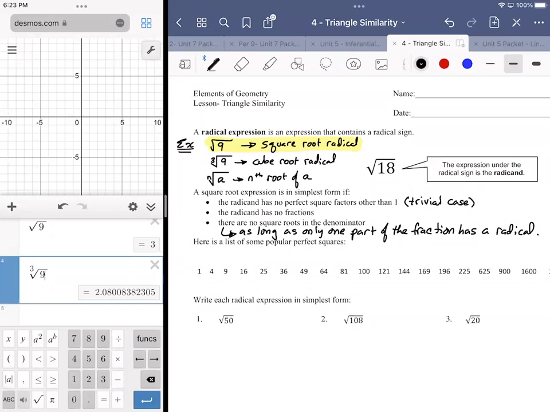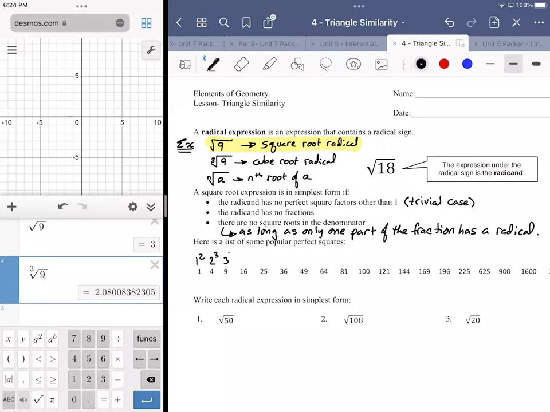So when we look to simplify a radical, I included a list of perfect squares because it's nice to have something to point out. But you could also come up with this in Desmos, or any other calculator. You just start squaring numbers, right? Because that 1 that you see there is actually 1 squared. The 4 is 2 squared.